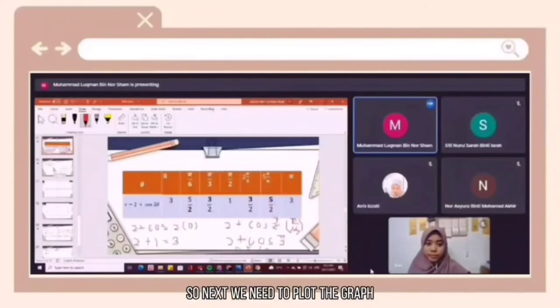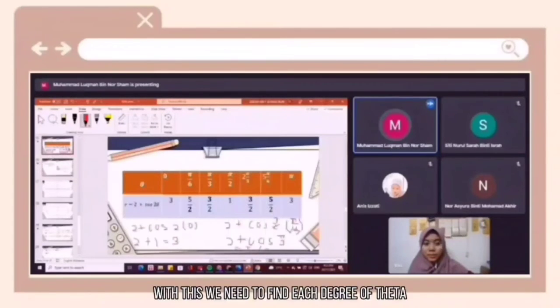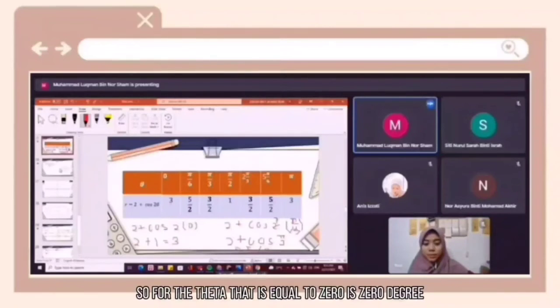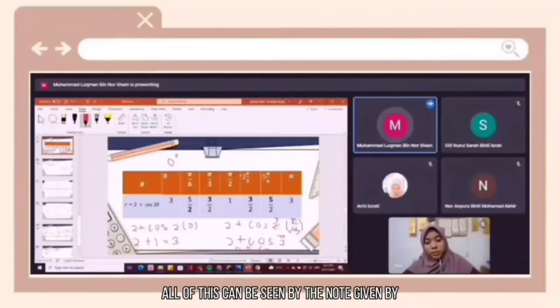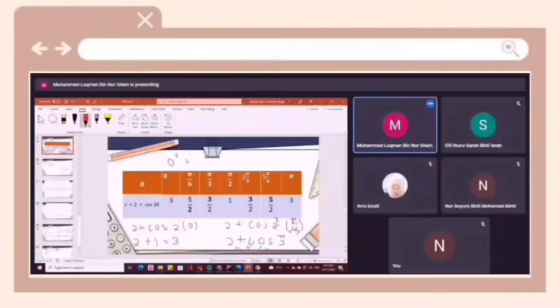So next, we need to plot the graph. Plotting this graph is different from plotting a normal graph, in that we need to find each angle of theta. Theta equals 0 is 0 degrees. All of this can be seen in the notes given by the lecturer.